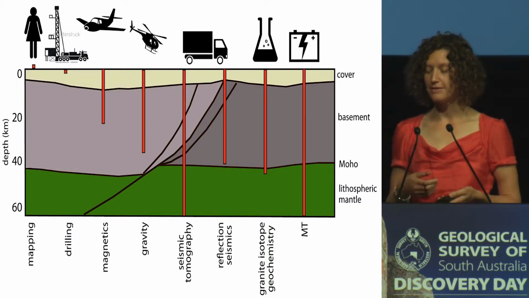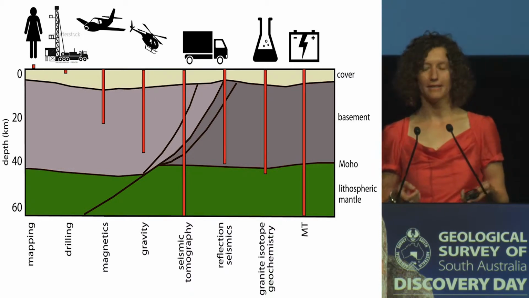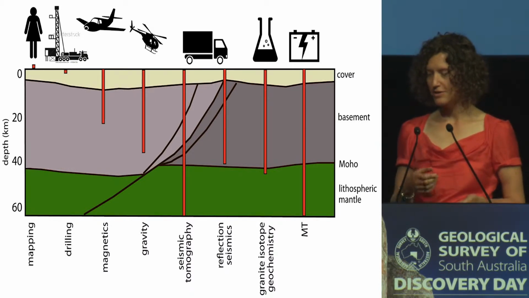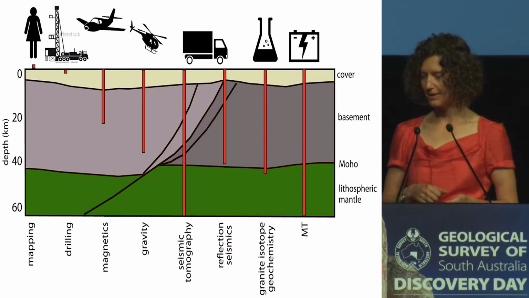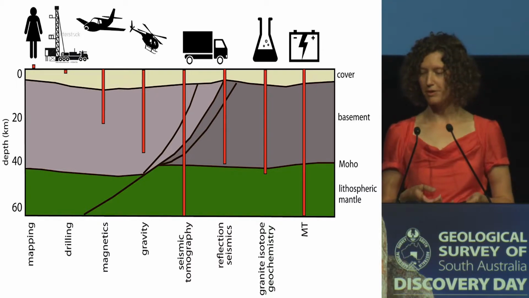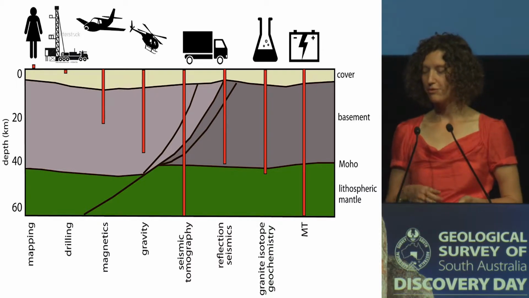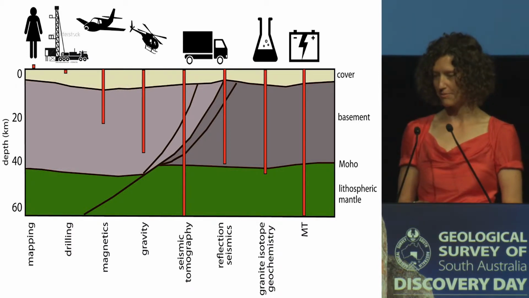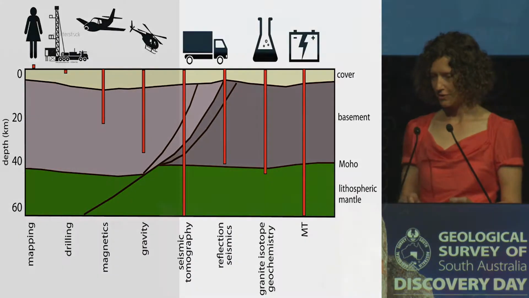There are also other deeper probing data sets that we can integrate with the MT: gravity, seismic tomography models, reflection seismics, and also isotopic chemistry. So what we're going to do now is take a look at some of these different data sets for the Gawler Craton, and see where we can find big gradients which might relate to structures.